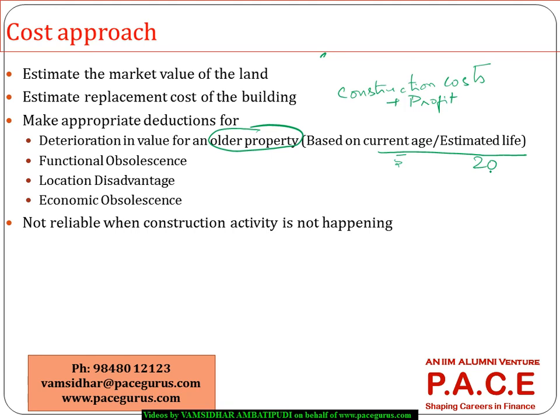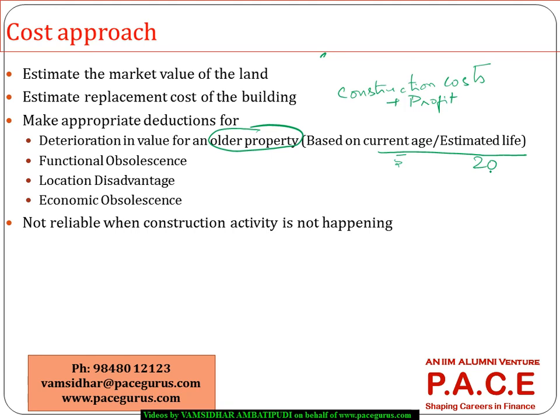And similarly, there could be something associated with functional obsolescence, some kind of defect either in terms of features or in terms of the structural designs, or in terms of the floor plans or anything which is outdated.